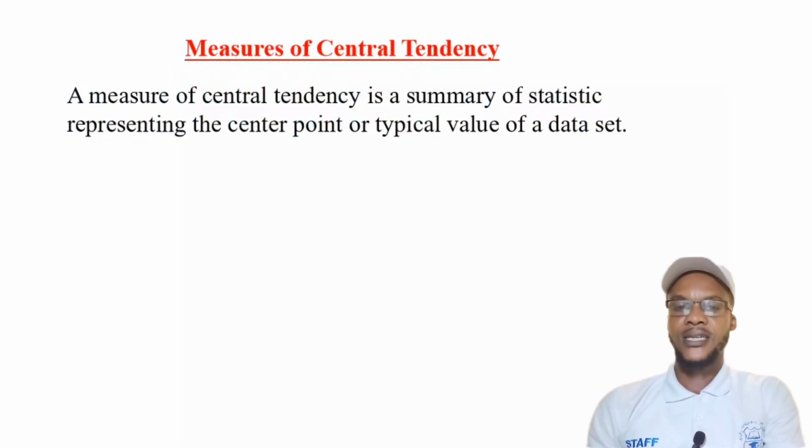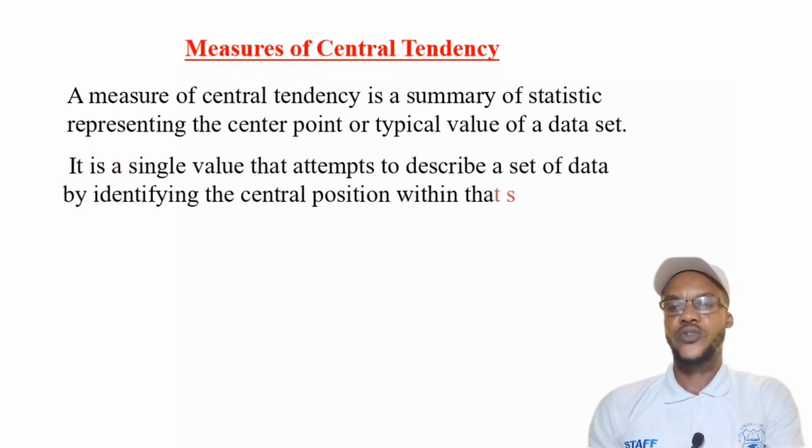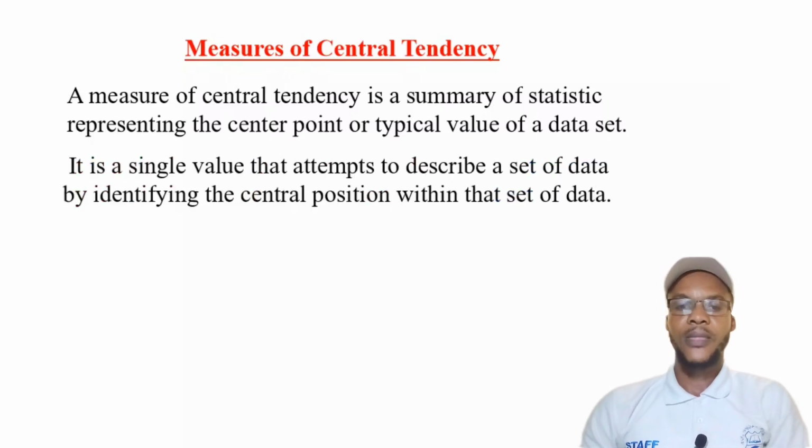We can also see that it is a single value that attempts to describe a set of data by identifying the central position within that set of data. So when you take a data set, you want to find the central position, the middlemost position, what value is there. That is what we are talking about.